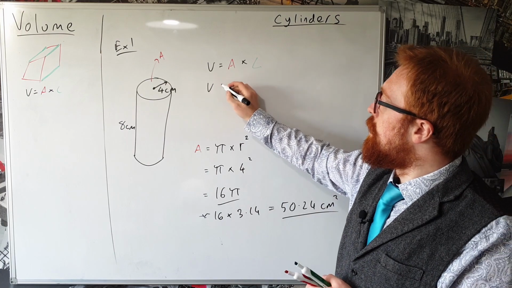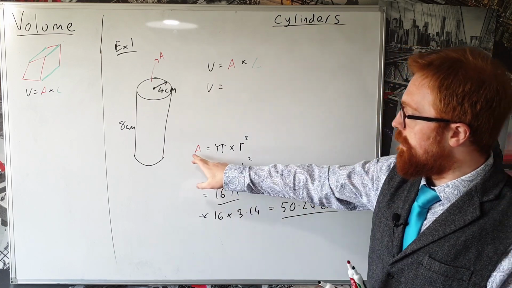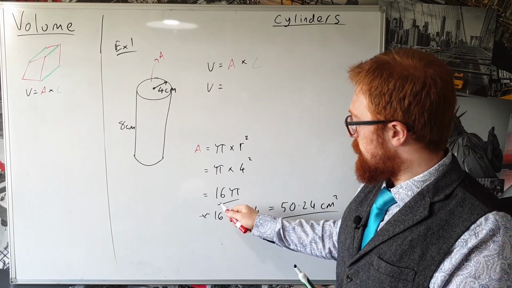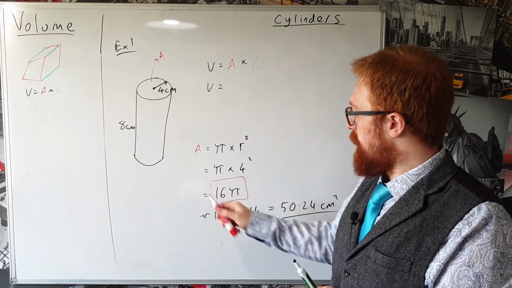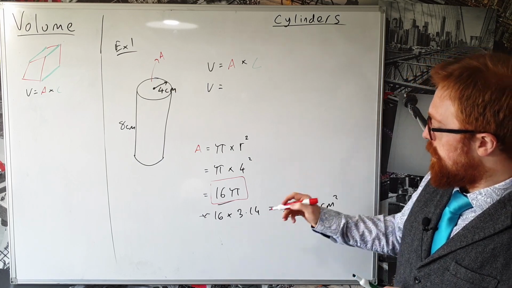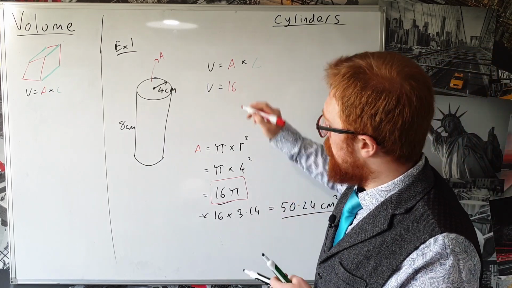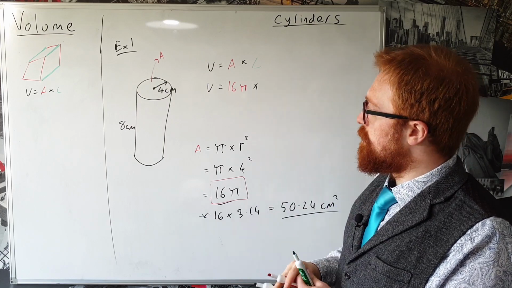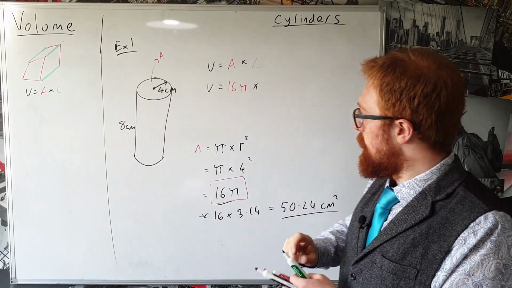So the volume is equal to, well, the area. I'm going to use 16 pi in this one, but in the next example, I'll use the approximation. We'll do it to a decimal. So the area is 16 pi, and I'm going to times that by the length of the cylinder, which is 8.